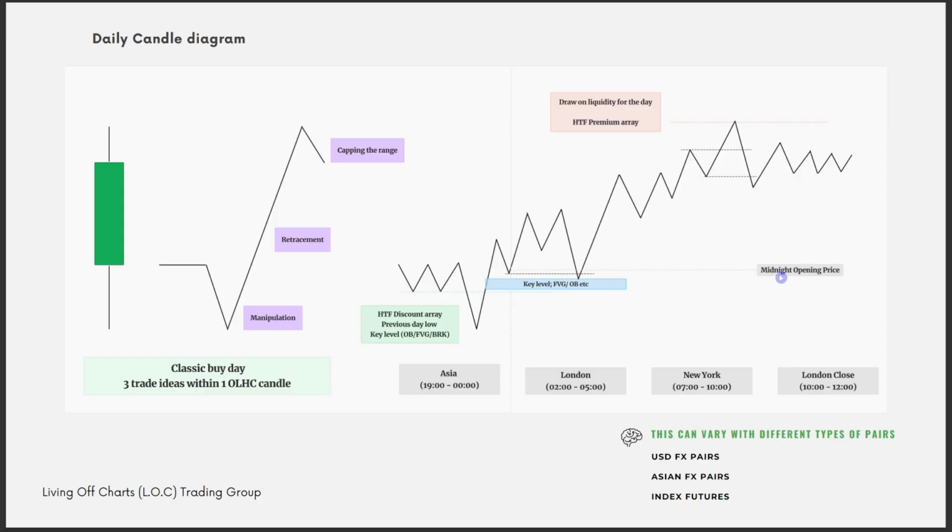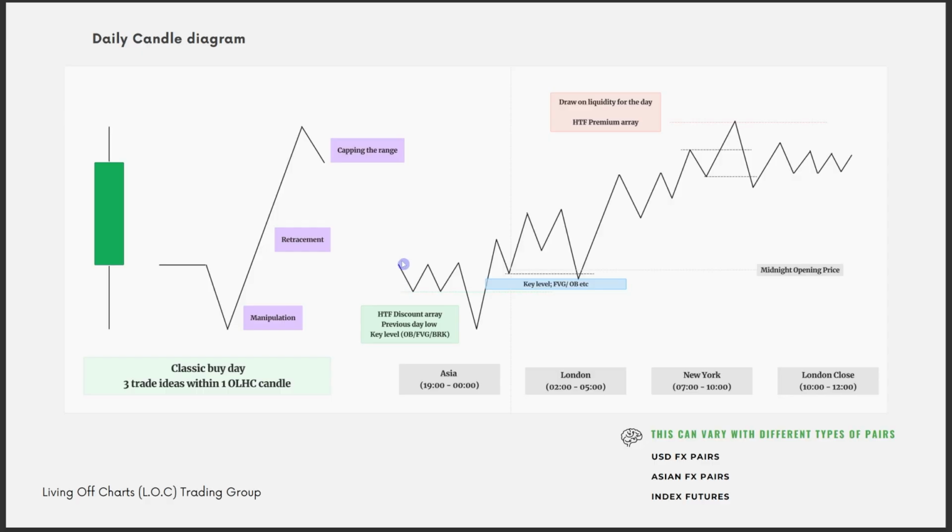This tends to happen below midnight opening price. And then on this schematic, we can see Asia session already made a low over here. So once we break above, we've already raided the low of the accumulation. So we can expect London session to retrace back into discount as well, but not take out Asia low.